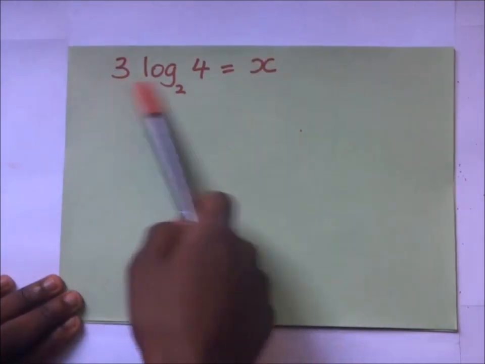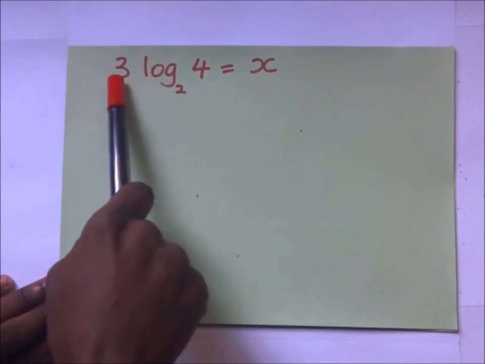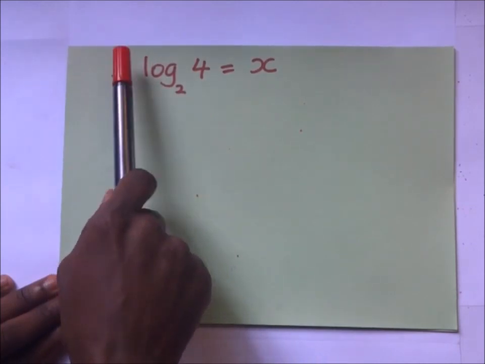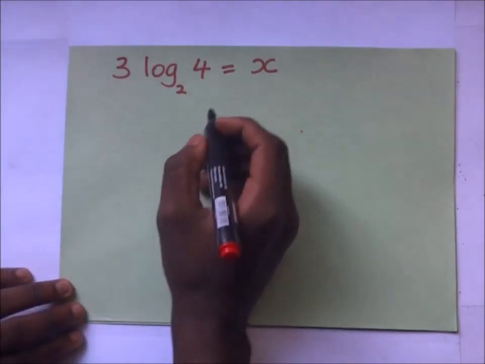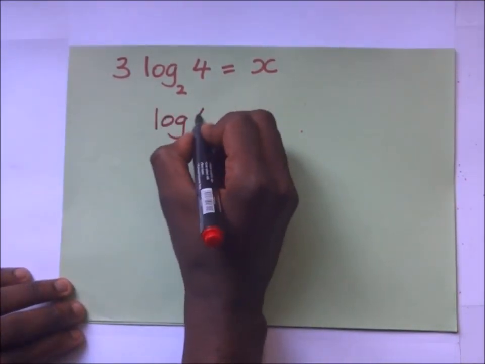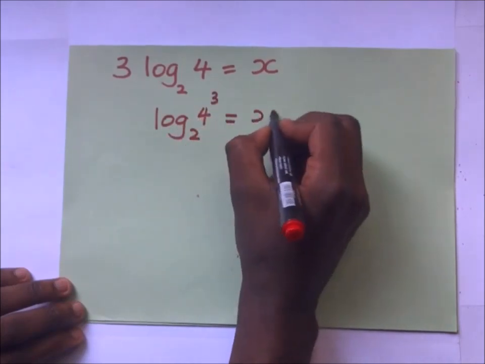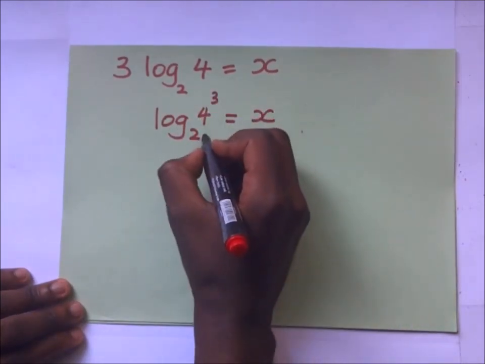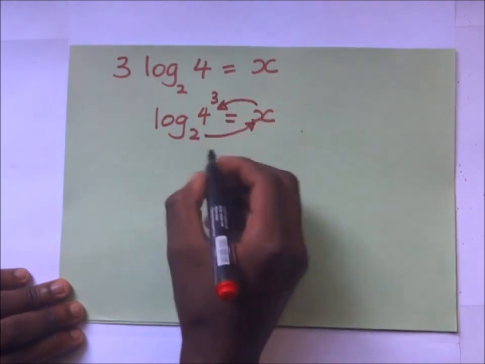To convert this logarithm into index form, this logarithm must have the coefficient of 1. So we shift this 3 to bring it up there. So this becomes logarithm of 4 to the power 3 base 2 is equal to x.